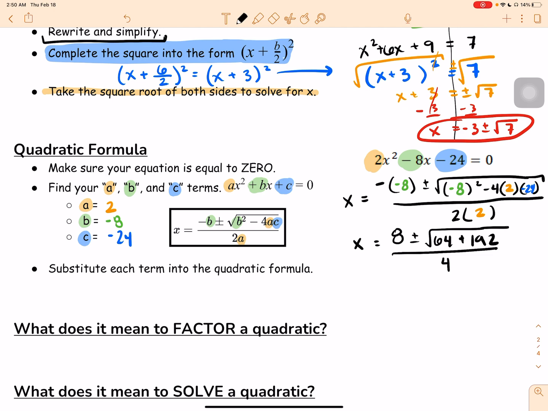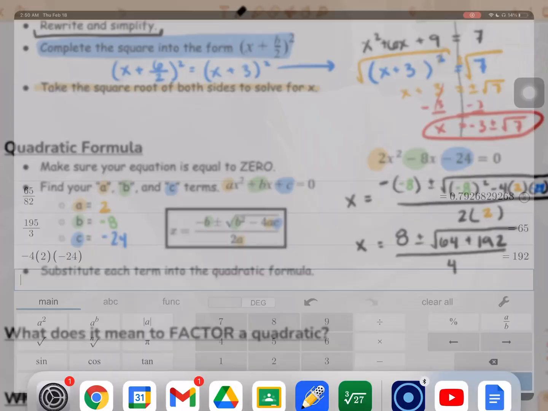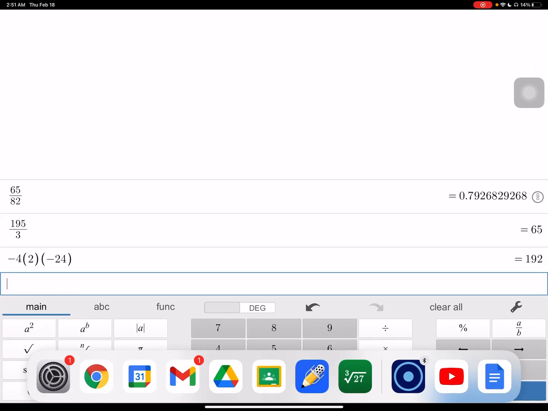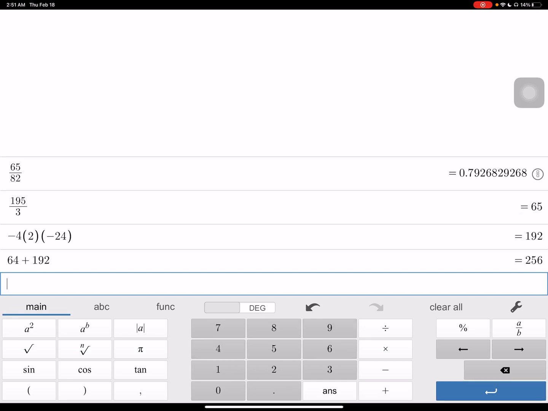Okay? So 64 plus 192 is 156. Let's see if that's a perfect square. Yeah, so it was 64 plus 192. Oh, it's 256, I'm sorry. I was like, 156, what? 256 is definitely a perfect square.